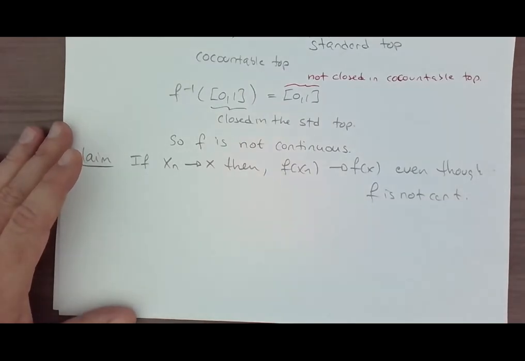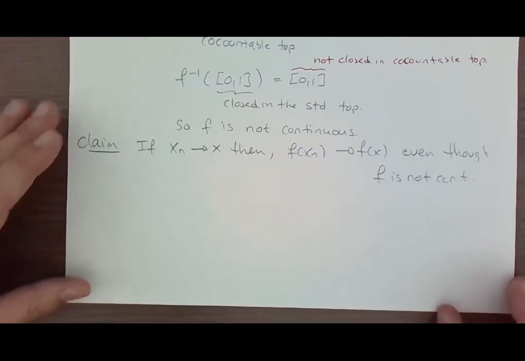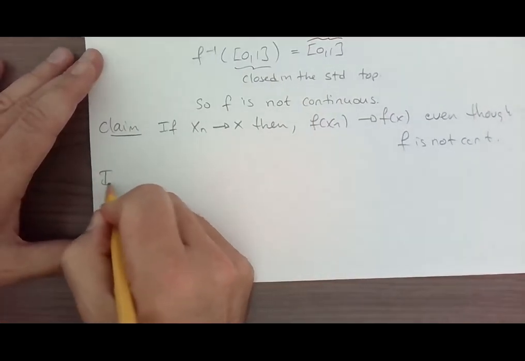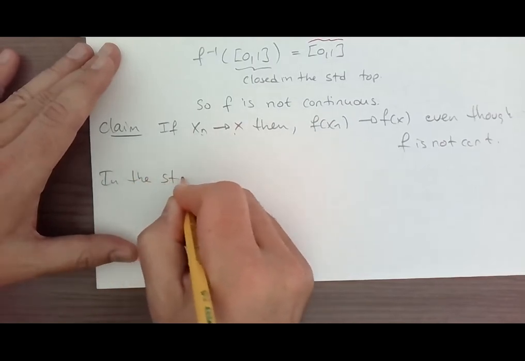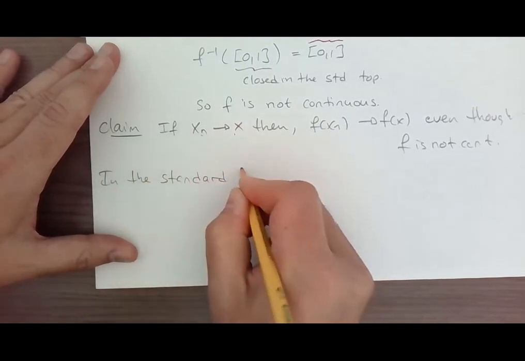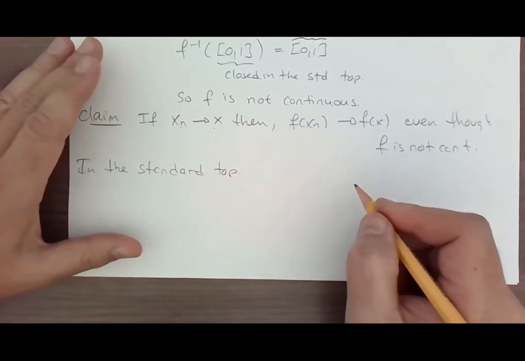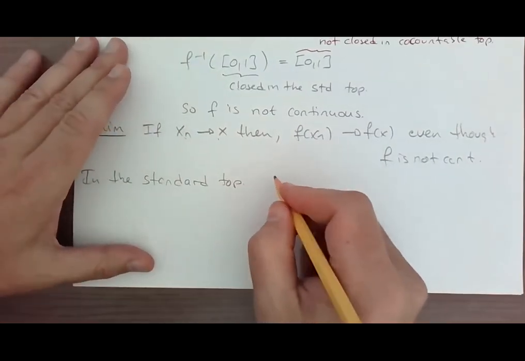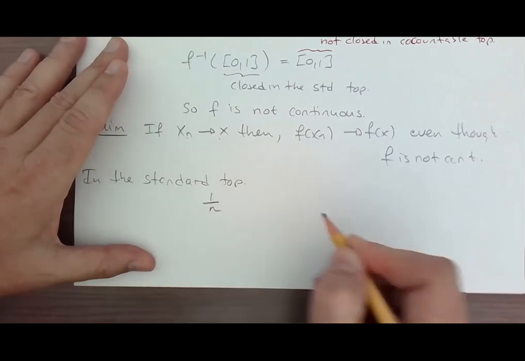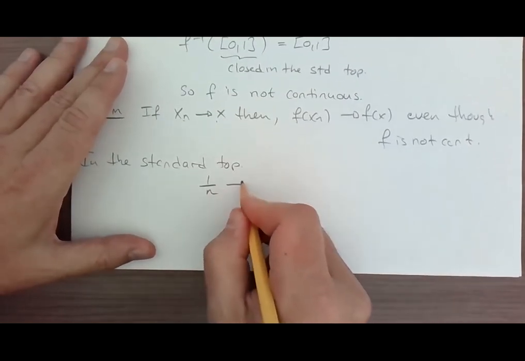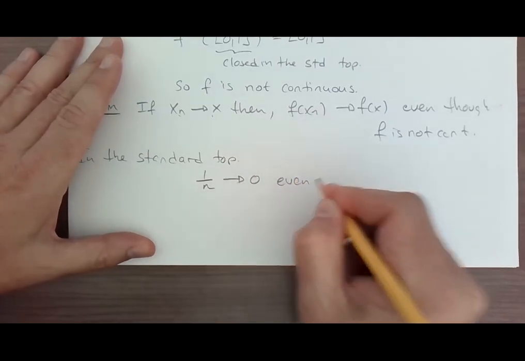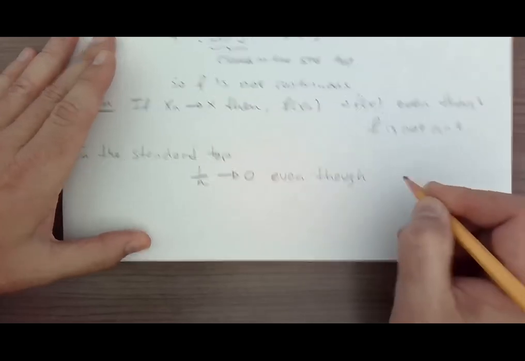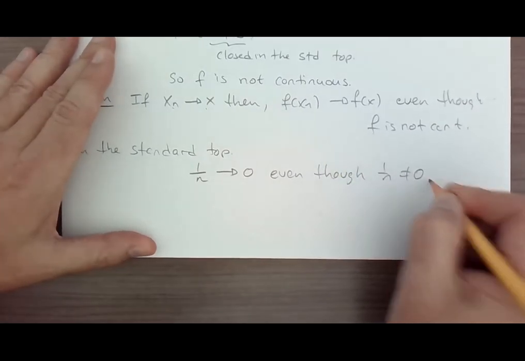And one reason why I wanted to go through this example here is because I have seen some of you. So in the standard topology, what does it mean to converge here? In the standard topology, we can have the 1 over n. 1 over n converges to 0, even though 1 over n is never 0.